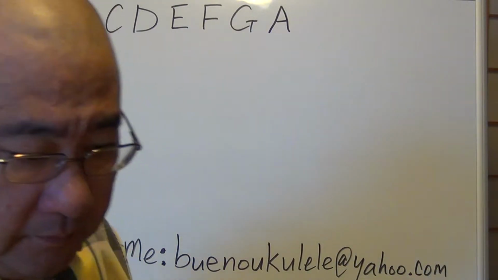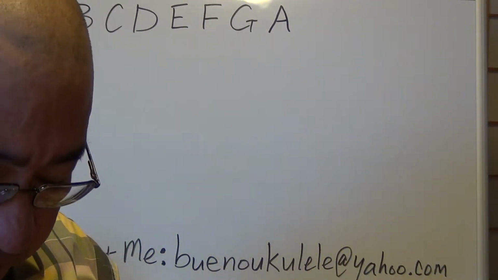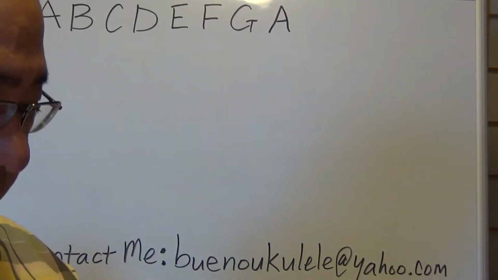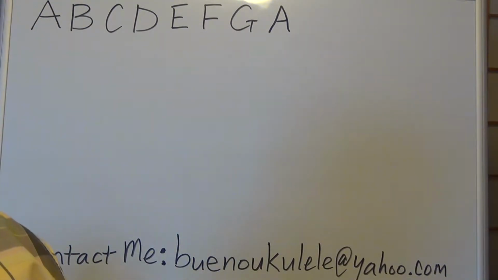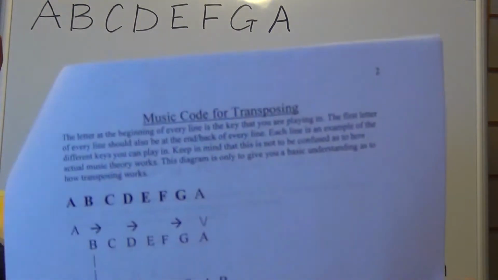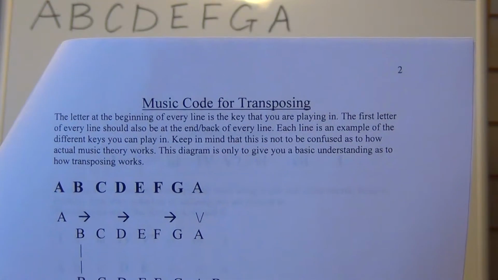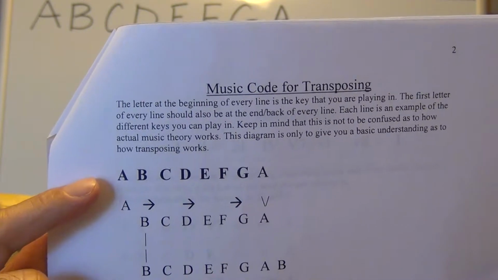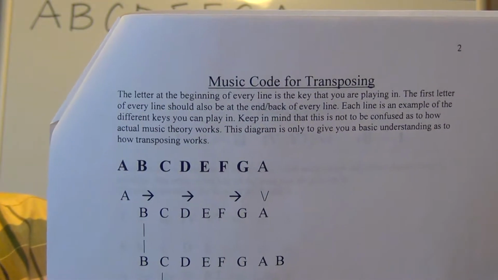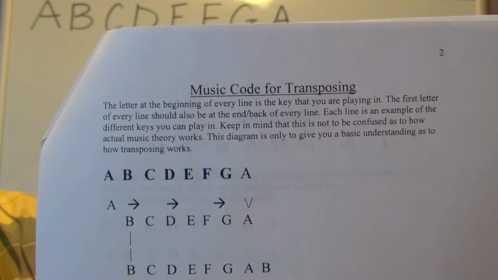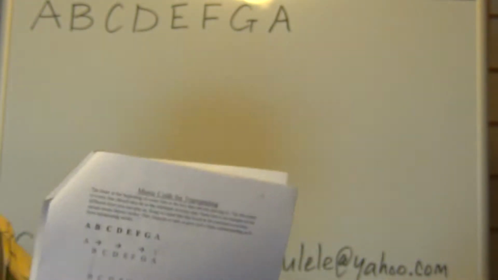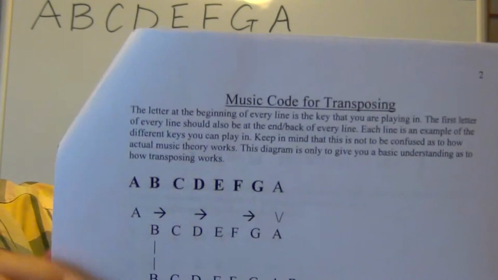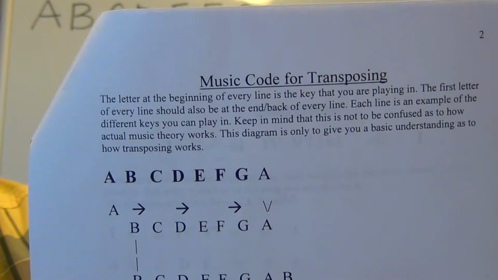Okay? Now, on page 2, you see at the top there, it's the same pattern from A to A, actually. Right here, same pattern as this. A, B, C, D, E, F, G, and then it starts with the A again.